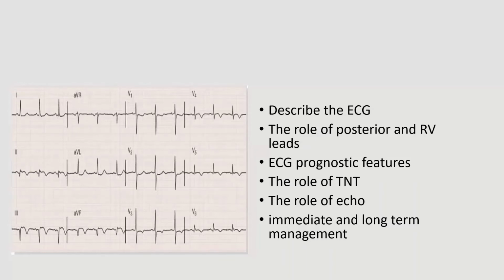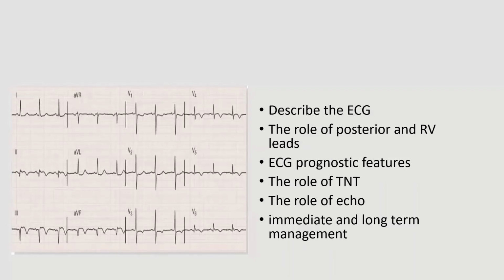Good. So what is the role of troponin now? Troponin. Is it important for prognostication? Yeah. Troponin is important for diagnosis and prognostication, because it helps you in the diagnosis of STEMI, and also how much troponin is elevated is prognostic.